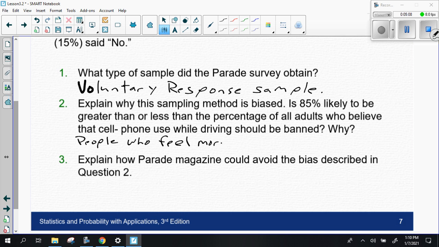I'm not even sure if this is correct. It's a good thing I don't teach English. People who feel more strongly are more likely to respond. Sounds weird, but that's the idea.